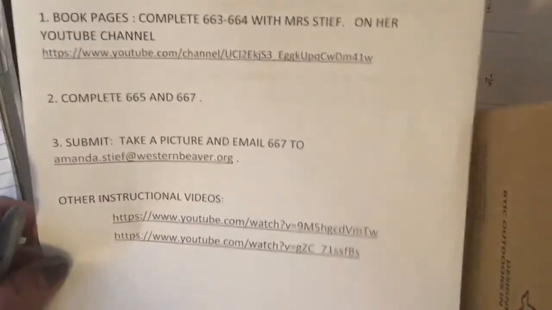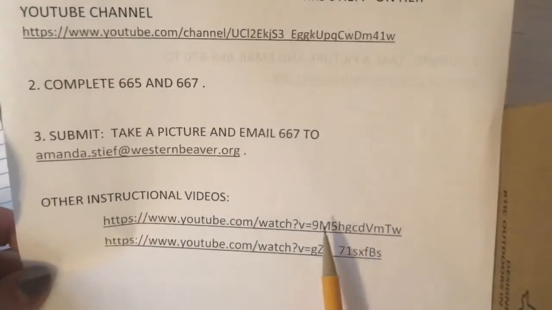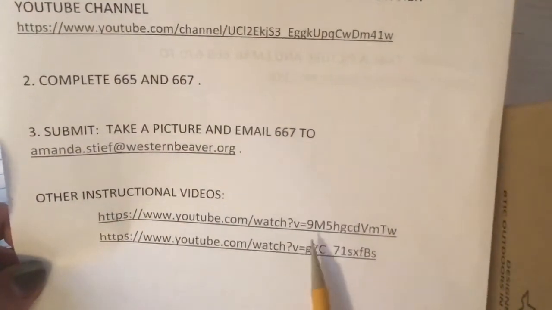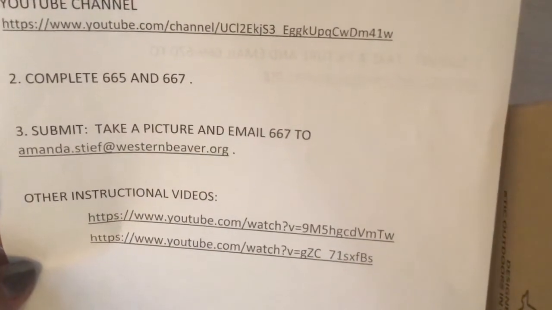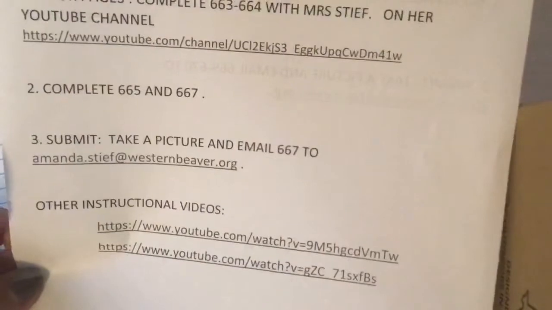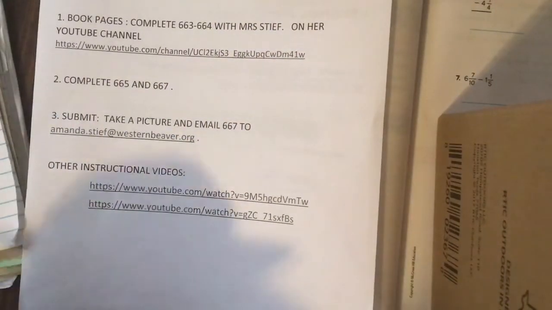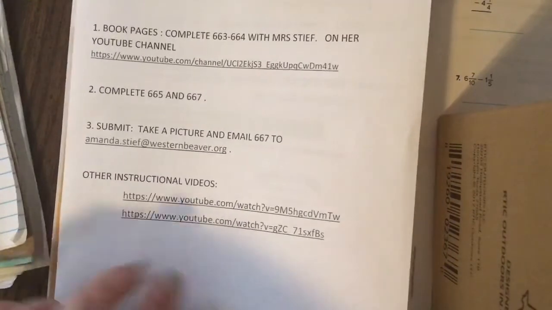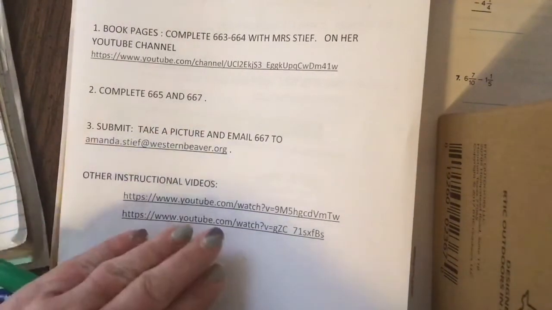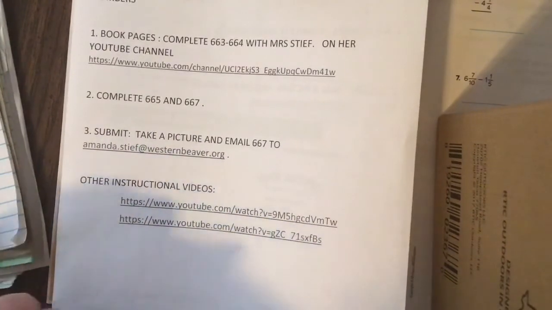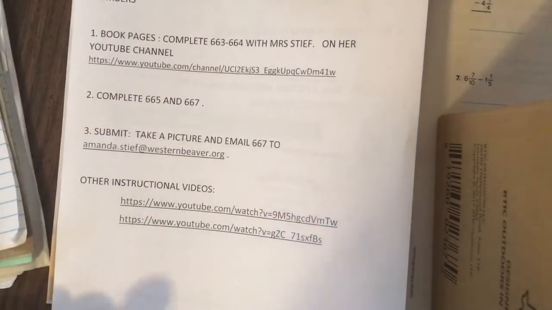Also, if there is trouble, if you're having a difficult time, there's 2 YouTube videos you could go on and watch right there. All right? If you have any questions, have your parents email me your questions right there to amanda.steve@westernbeaver.org. But go ahead and get to work on page 665 and 667.